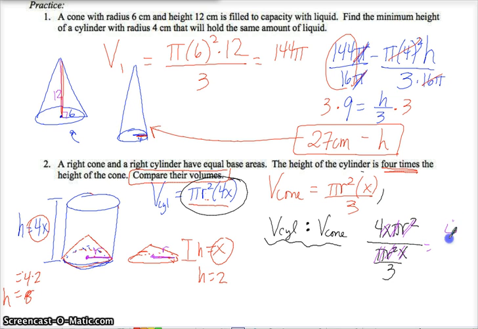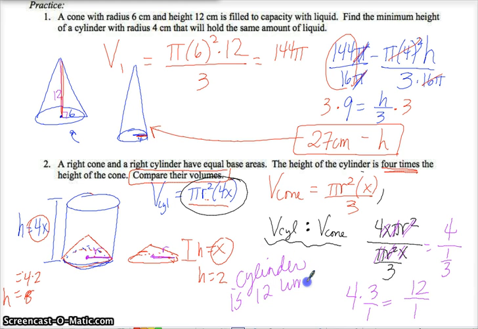So we have 4 divided by 1/3. So if you do 4 divided by 1/3, that's the same as 4 times 3 over 1. So the ratio is really 12 to 1. That means the cylinder is 12 times bigger than the cone. So it can hold 12 times more volume. And how did I figure that out? I just simply did a ratio to figure it out.